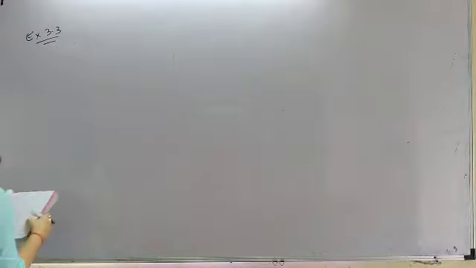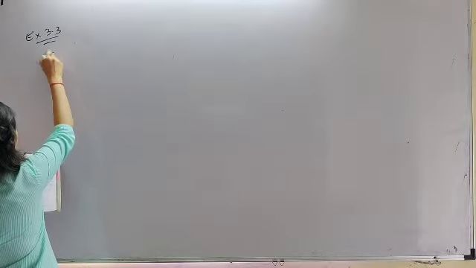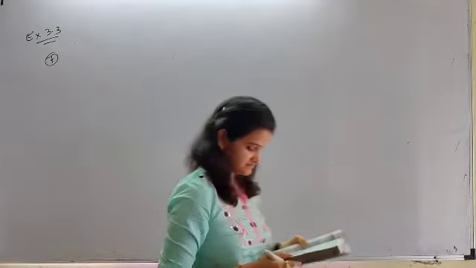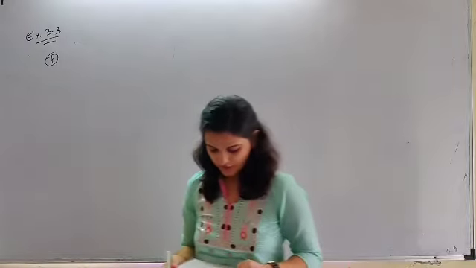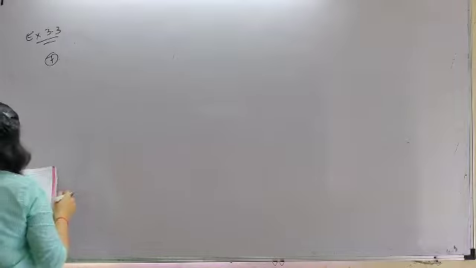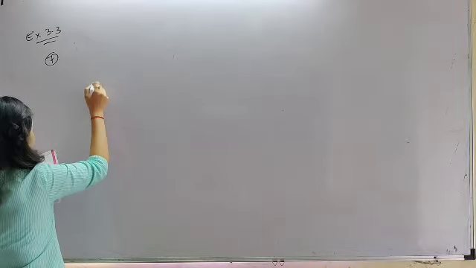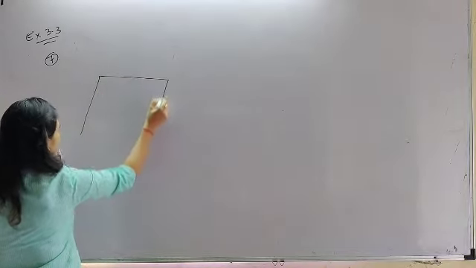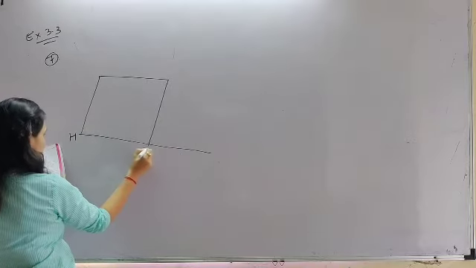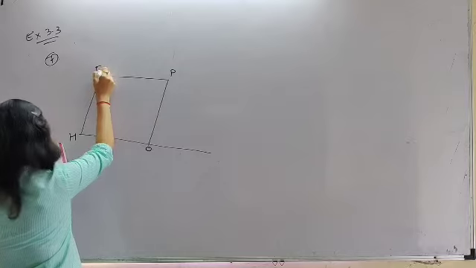Now question number 7. The adjacent figure HOPE is a parallelogram. Find the angle measures x, y and z. State the properties you use to find them. Now the parallelogram is given. HOPE.